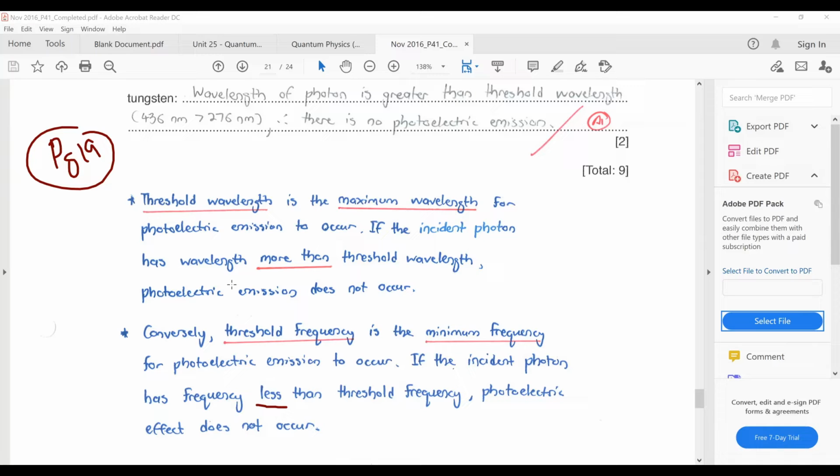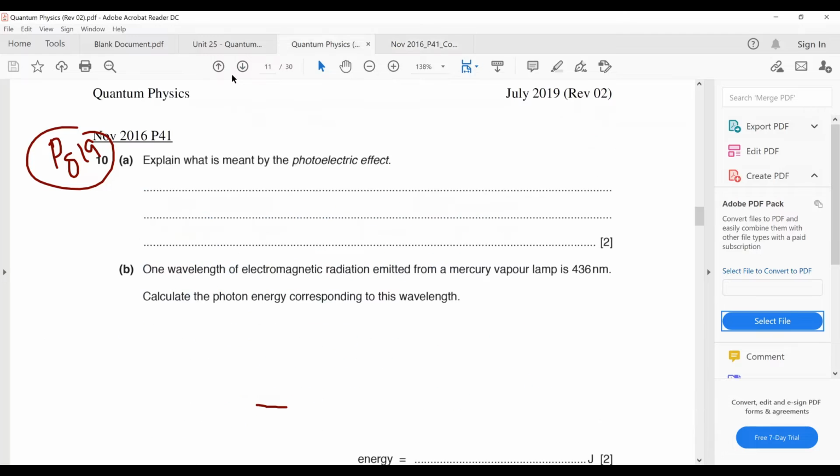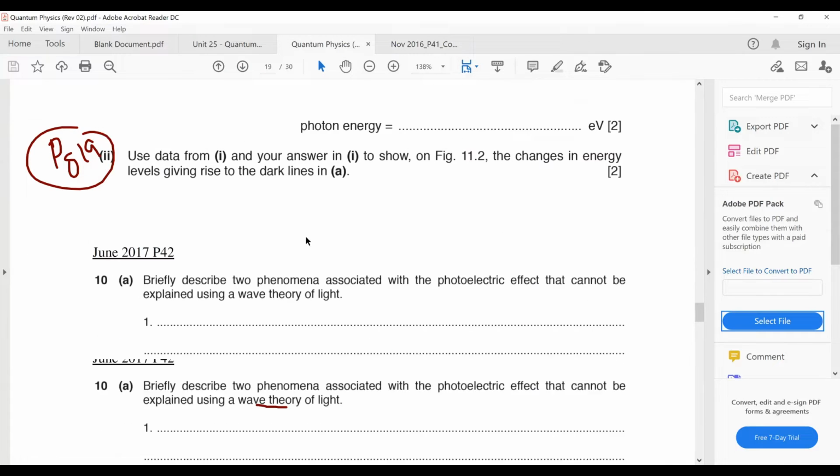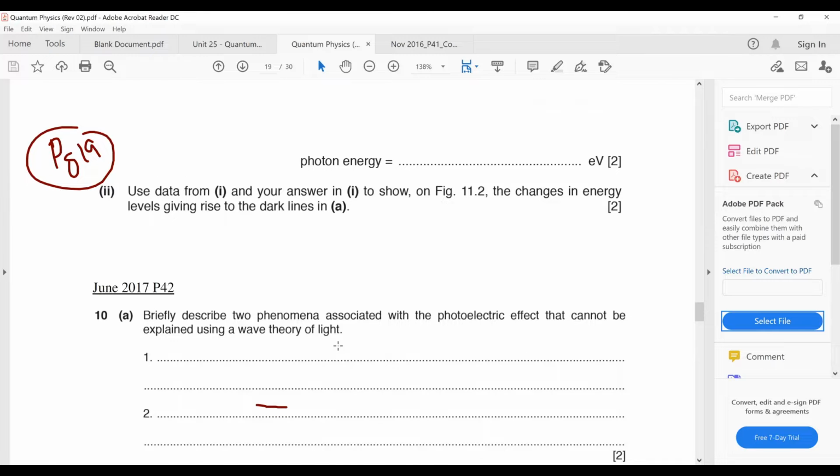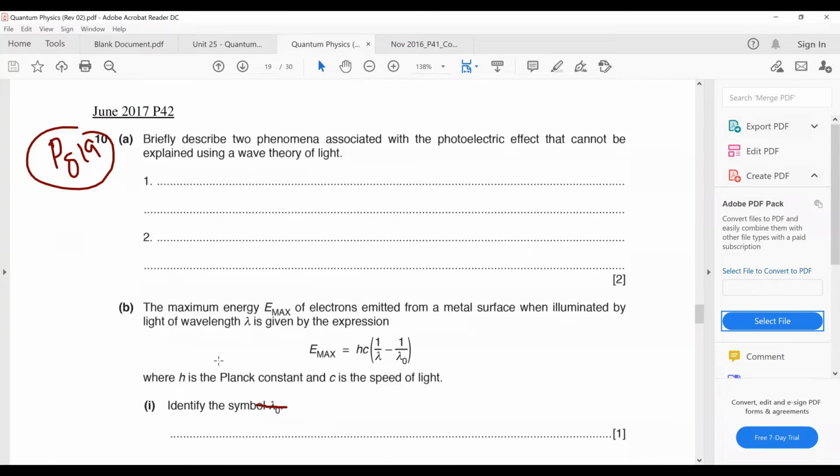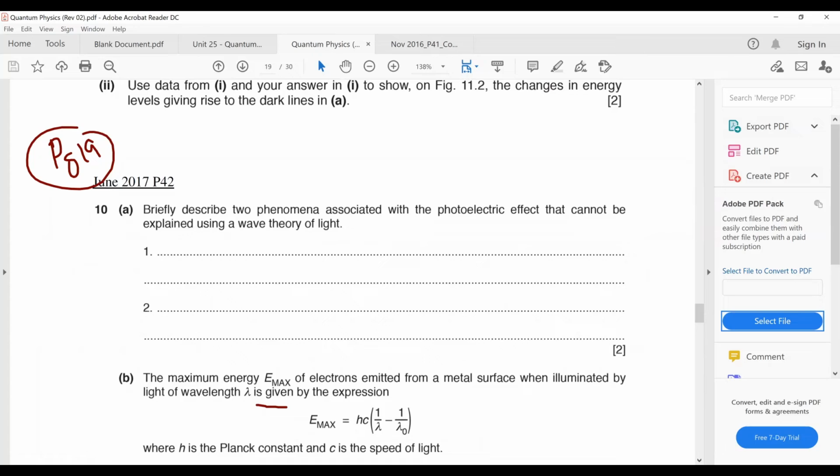Okay, so go to page 19. On page 19, you would talk about the second part of question A, June 17, P42.